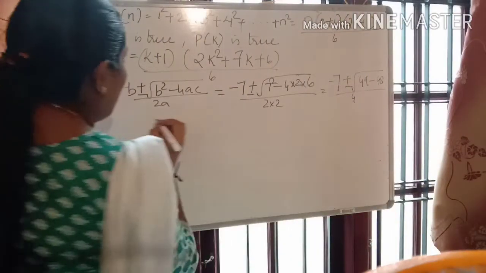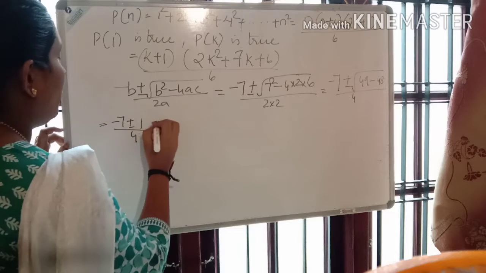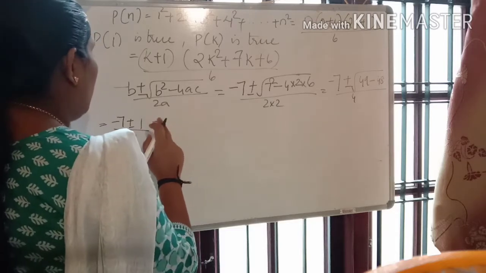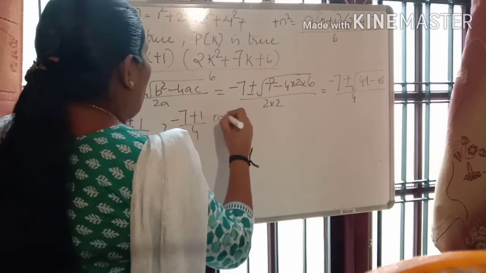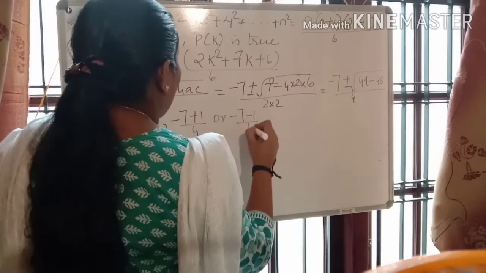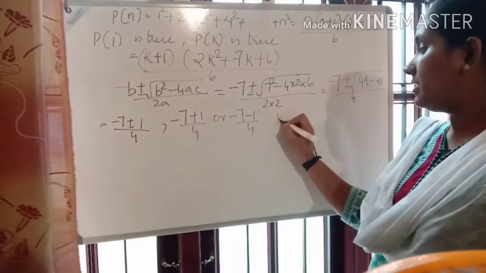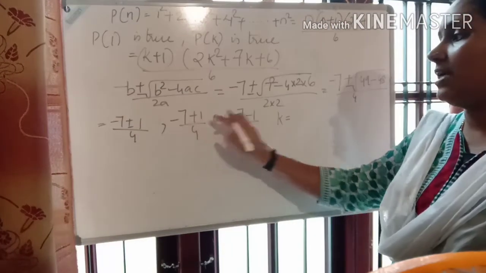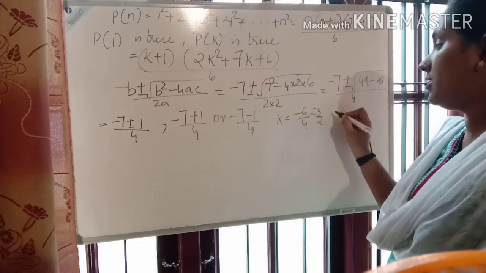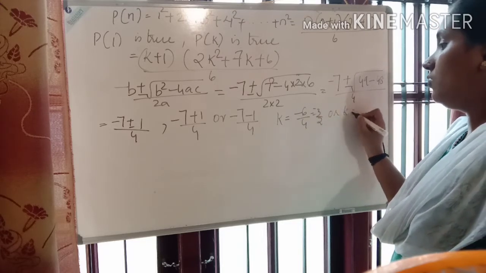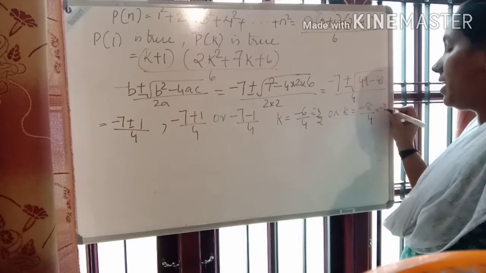That will be equal to minus 7 plus or minus 1 divided by 4. We get the answer of K as K equal to minus 7 plus 1, that is minus 6 by 4, that is minus 3 by 2, or K equal to minus 7 minus 1, that is minus 8 by 4, that is minus 2.